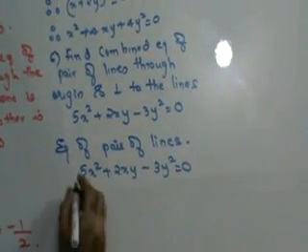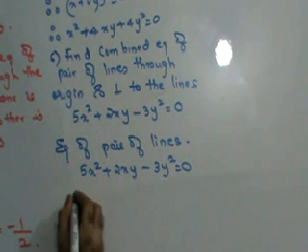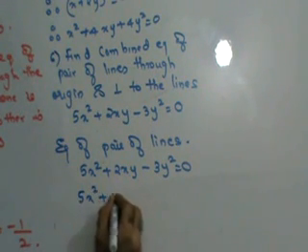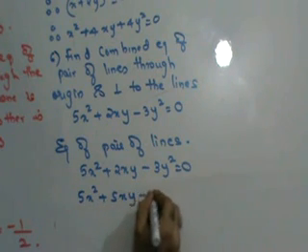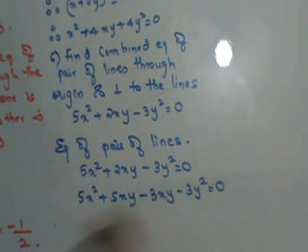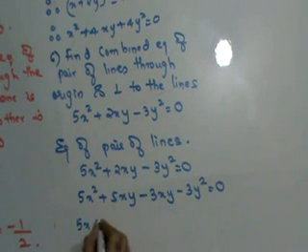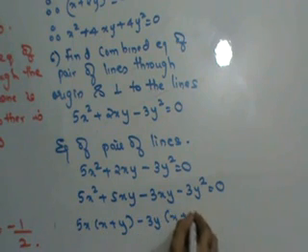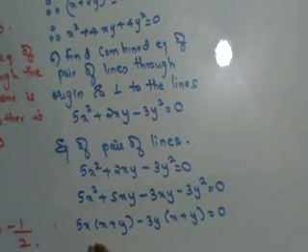Let's solve this quadratic. 5 3s are 15. So this can be written as 5x square plus 5xy minus 3xy minus 3y square is equal to 0. Quadratic equation splitting the middle term. 5x common, x plus y, minus 3y common, x plus y is 0.